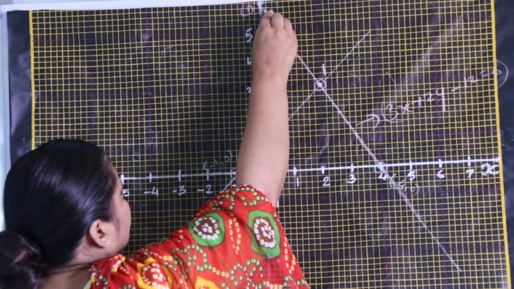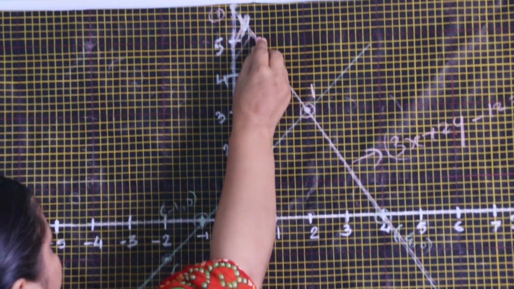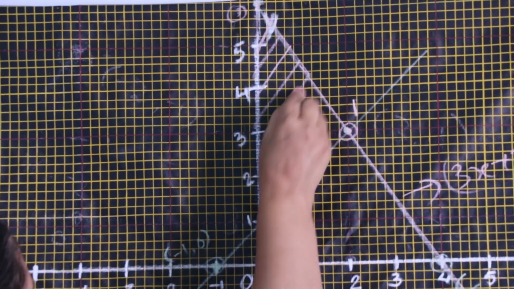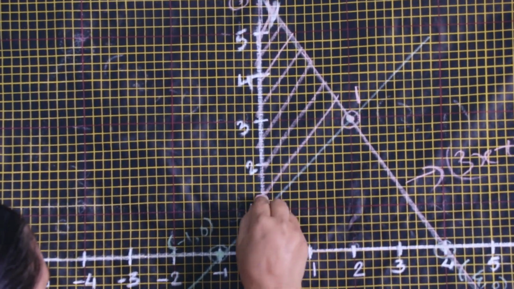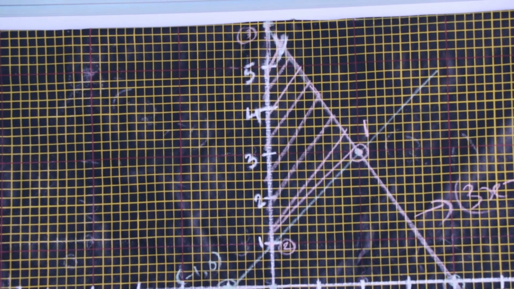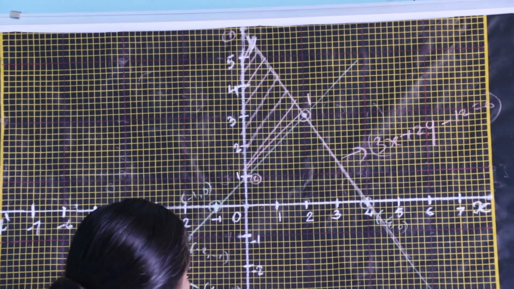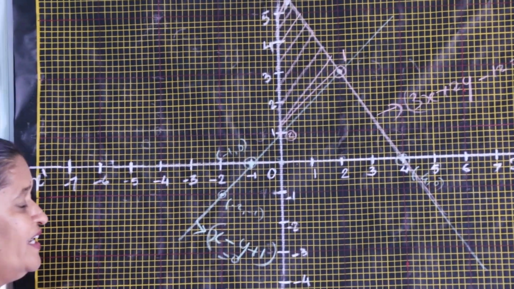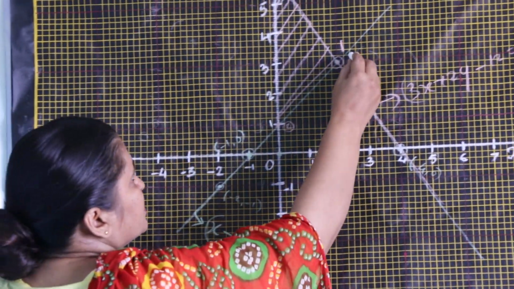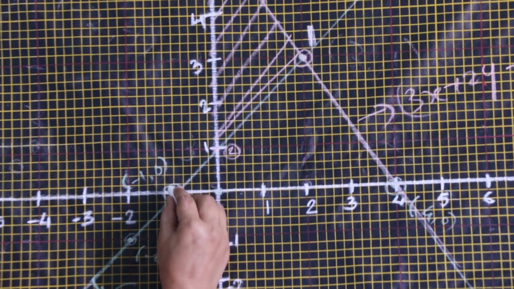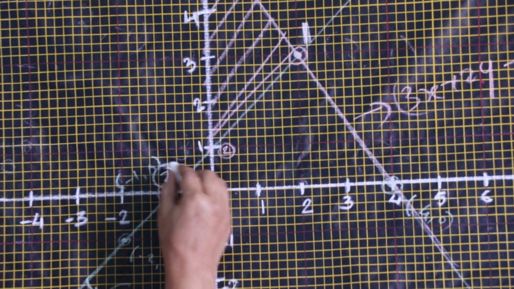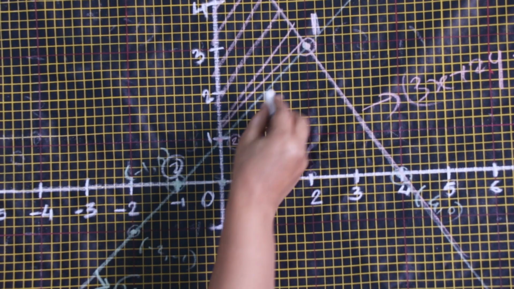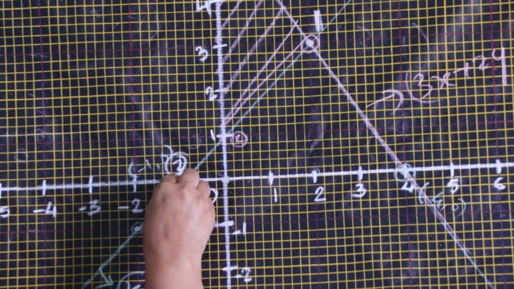Now, if you are asked to shade the triangle formed by these two lines and the y-axis, your triangle stops here. This is your triangle. If you are asked to shade a triangle formed by these two lines and x-axis, this is your first vertex, this is your second vertex, wherever this line touches x-axis.